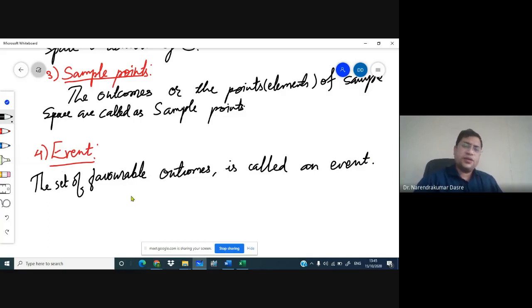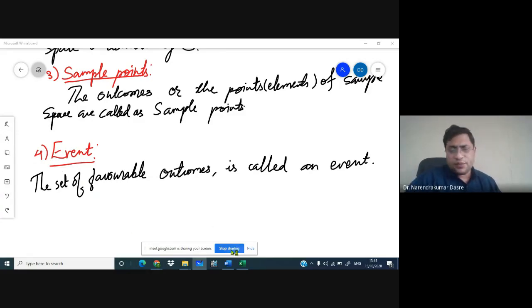How can I decide the set of favorable outcomes? For example, in a coin tossing game, if I expect the outcome to be head, then we say it is an event. The event is a subset of the sample space.